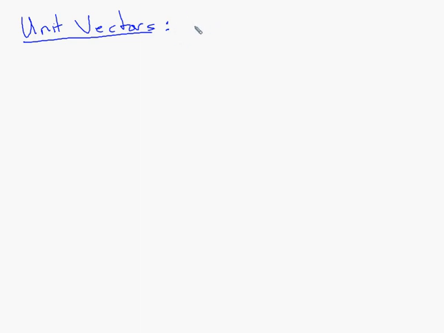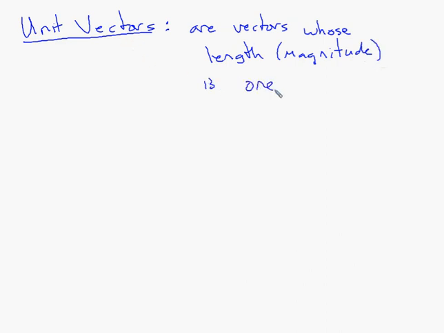Unit vectors are vectors whose length or magnitude, as implied by the name, is 1. These are very, very useful. We basically call these direction vectors.